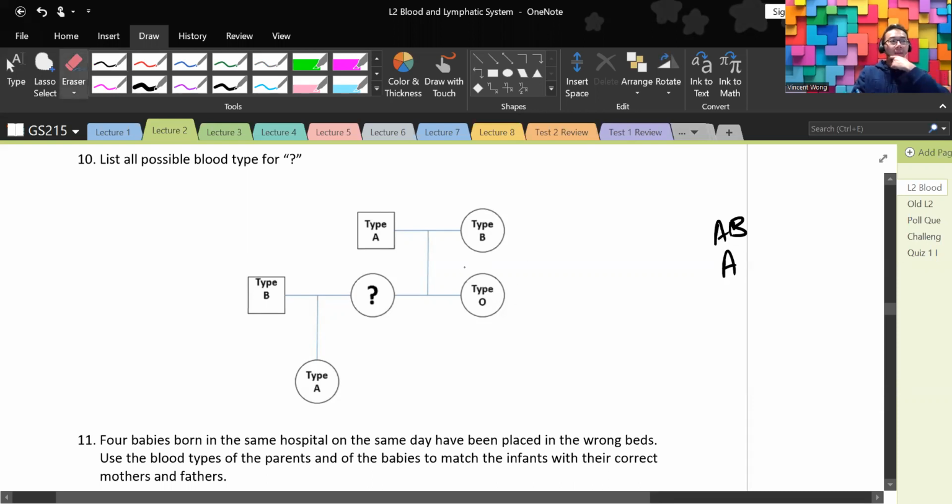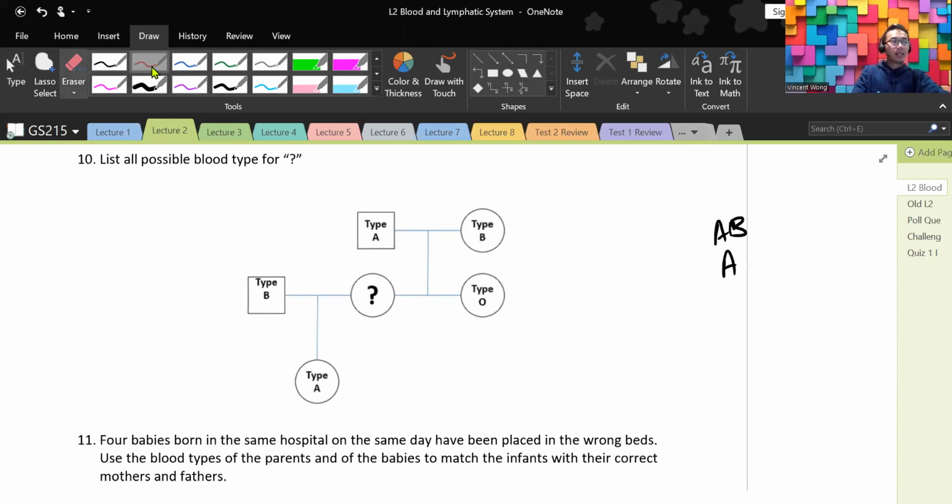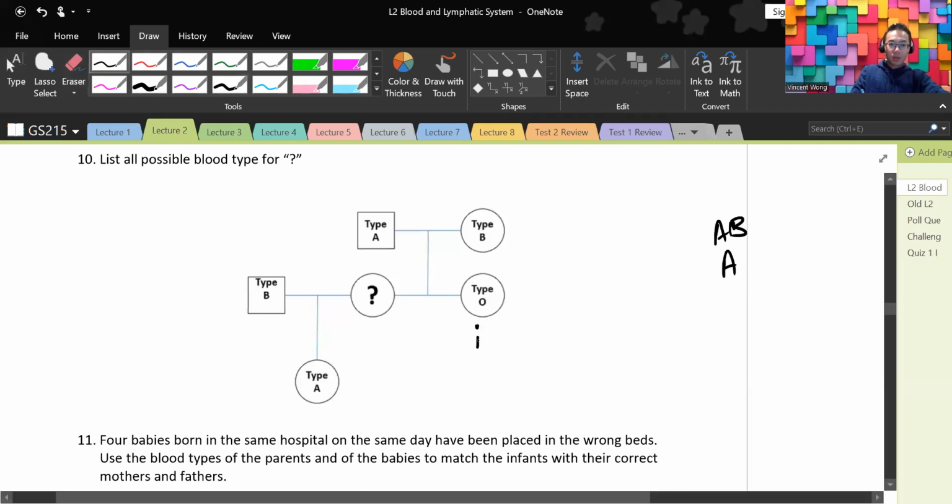Okay, let's see. Now, to approach a question like this, you will first start with the blood type that you are certain about the genotype. There are only two blood types that you can be certain of the genotype, right? O and AB. So over here, we've got type O. We're just going to write down little i.